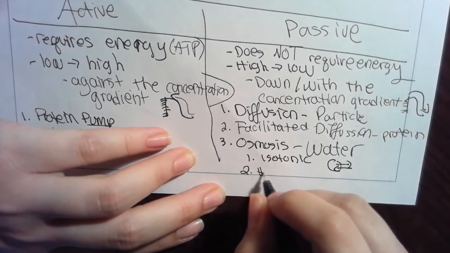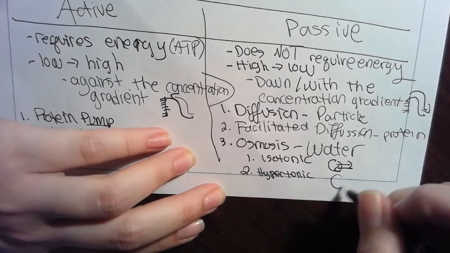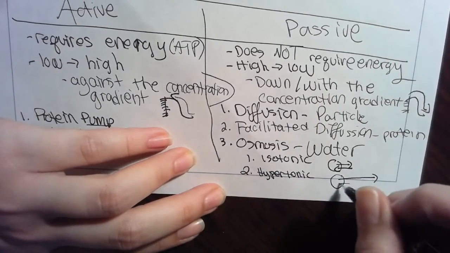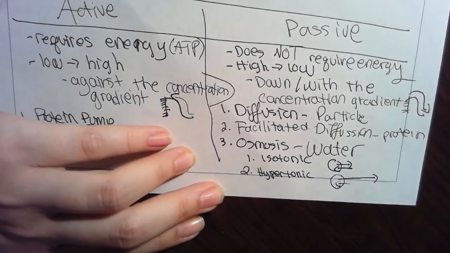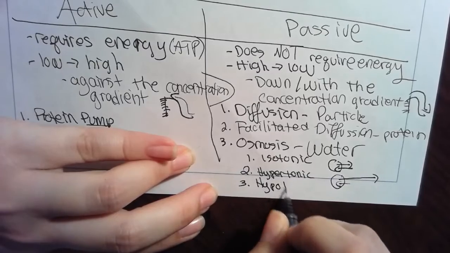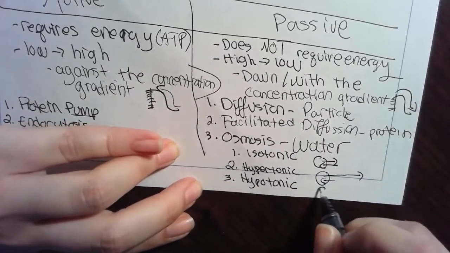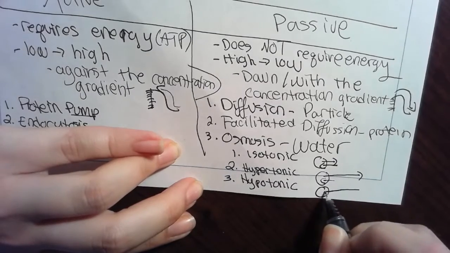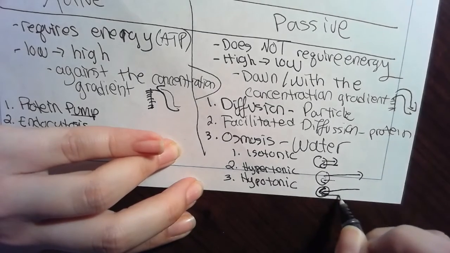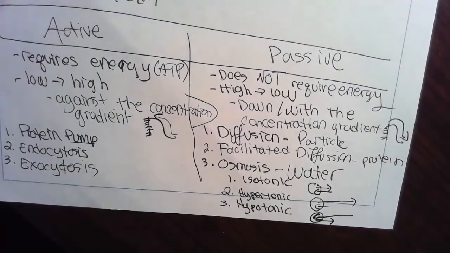You have hypertonic, which means that you have more water leaving the cell than you do coming in, so that the cell shrinks. And then the last thing that you have is hypotonic. I like to think of hypo like hippo. That means that the cell gets larger because you have a lot more water coming in than you do coming out. So the cell is going to swell and then potentially burst.